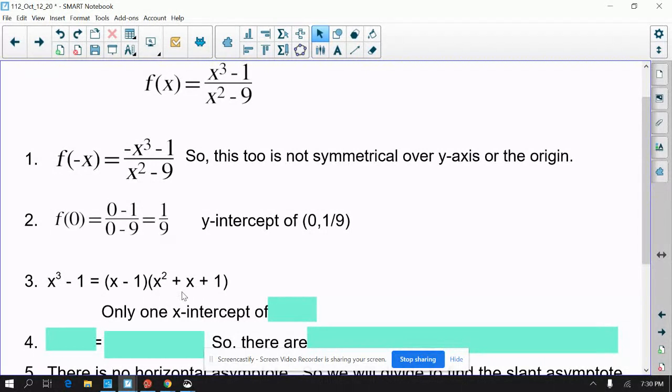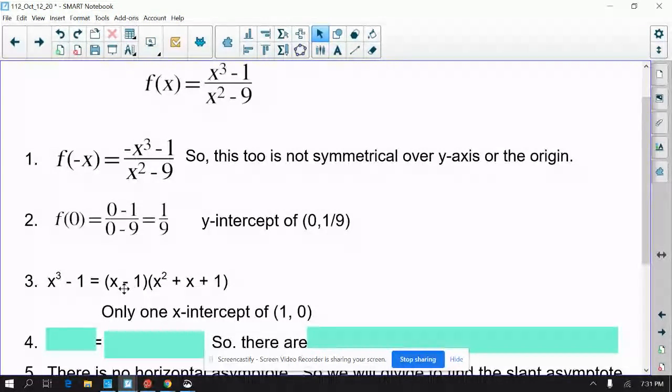And not only is it prime, but it actually produces 2 imaginary zeros. If you put this in the quadratic formula, you would get 2 imaginary zeros, which brings the total to 3. The degree is 3, so we're on the lookout for 3 zeros. One of the zeros is 1, and the other 2 are imaginary. So that's a total of 3. But since only one of the zeros is real, there's only one real x-intercept.